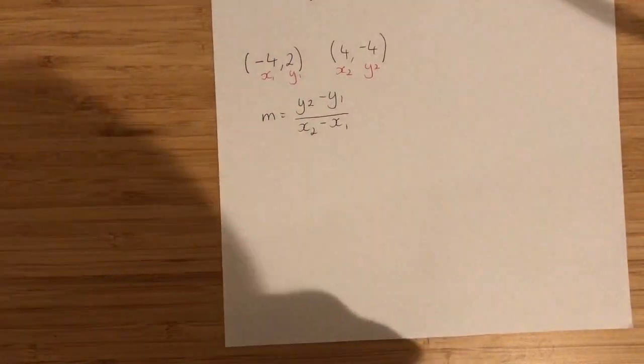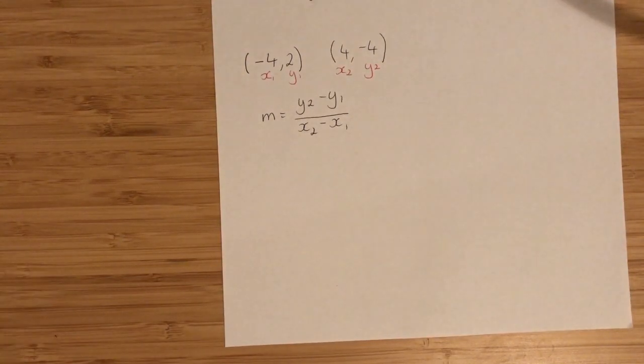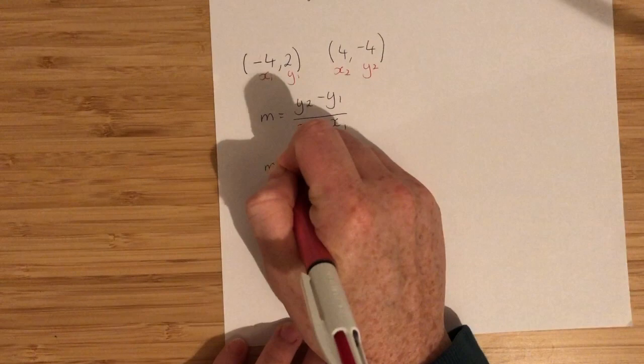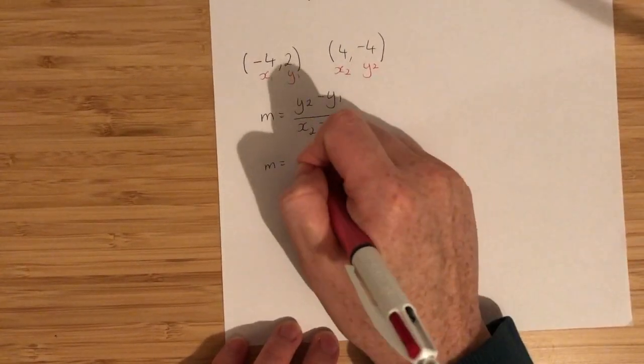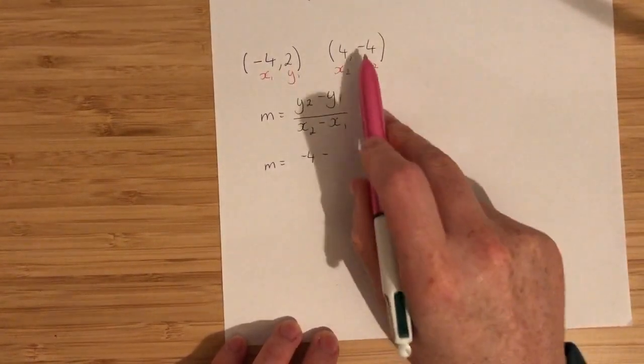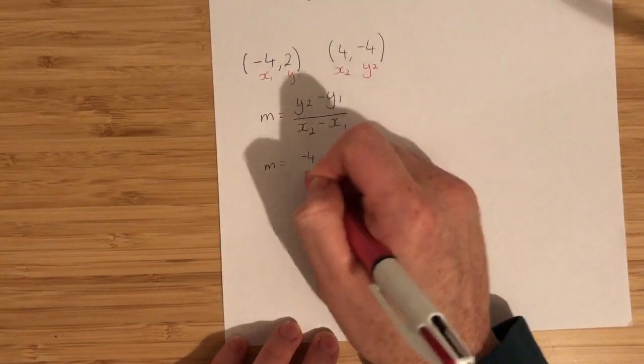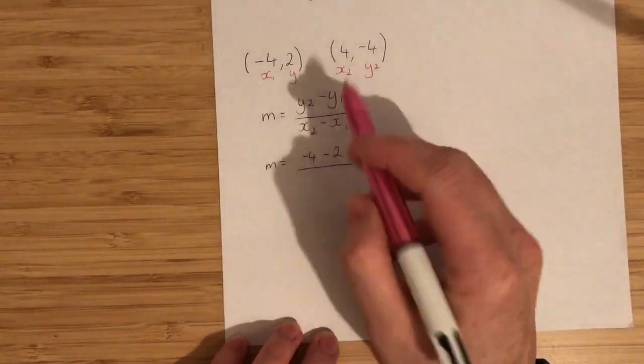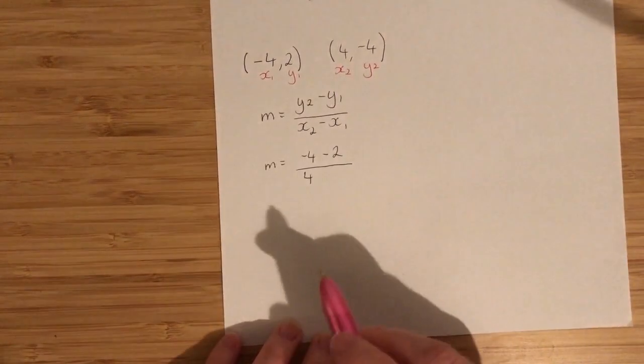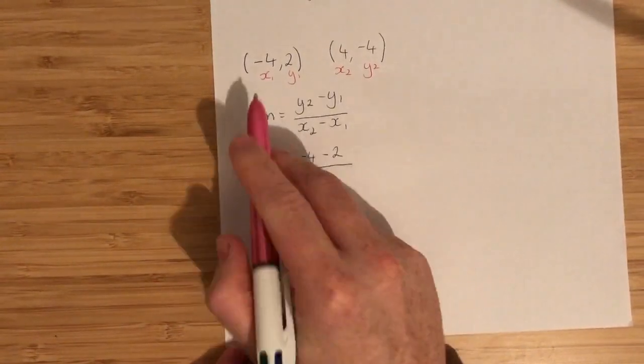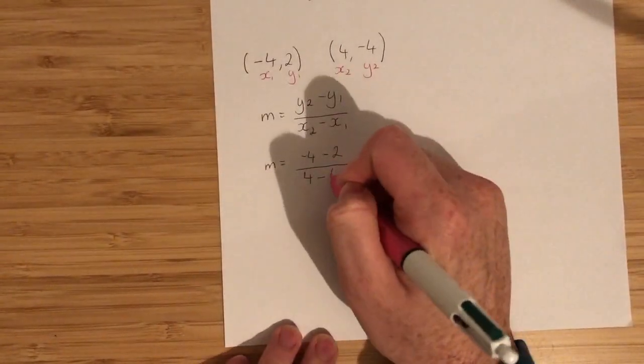Now we can put those numbers into our formula for the gradient. So m equals y2 minus y1, negative 4 minus 2, over 4, and this is where to be careful because it is 4 minus negative 4.